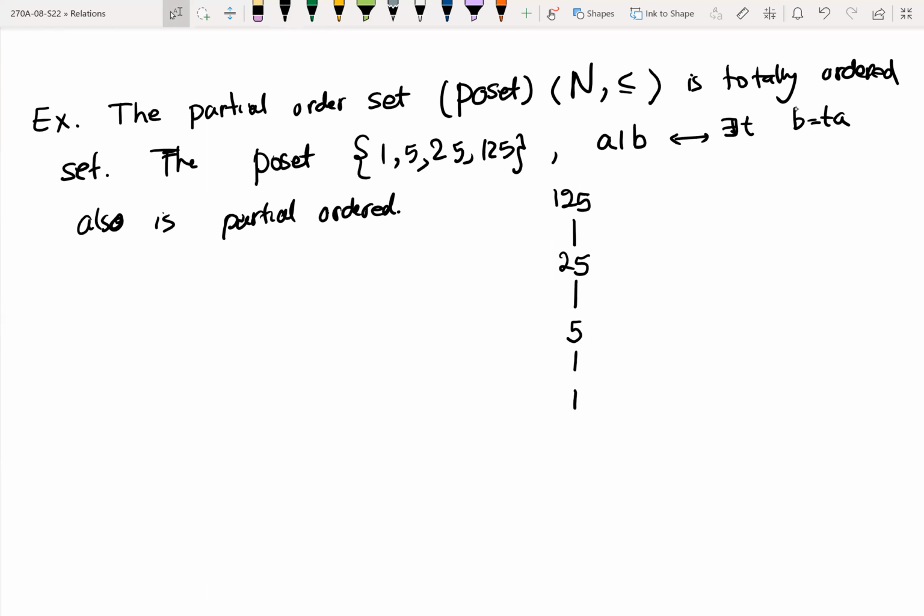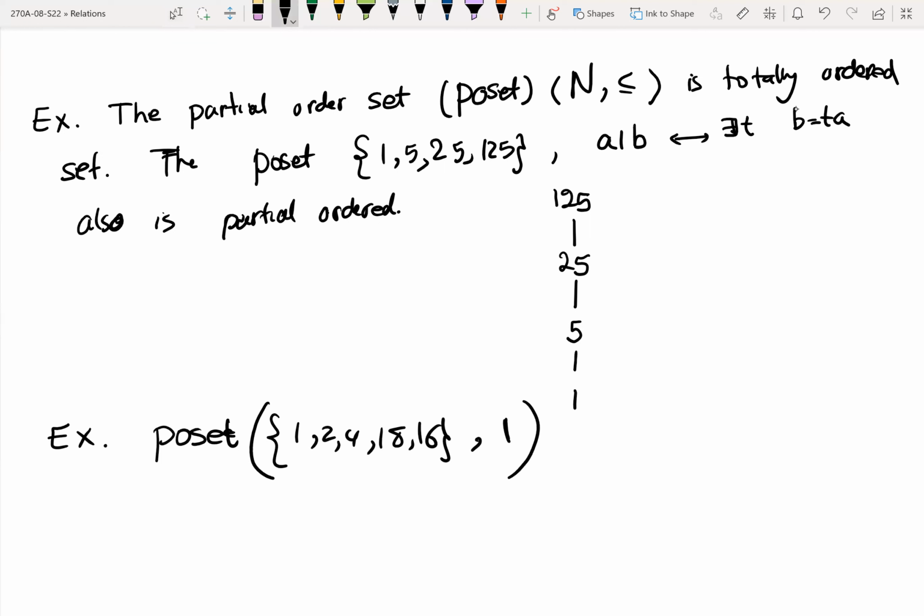I have another example, which is a partial order set of 1, 2, 4, 18, and 16. If you want to make it brief, we don't want to write the whole sentence like this, we can put a comma with the relation, okay? So comma, this is the relation. What's the relation?